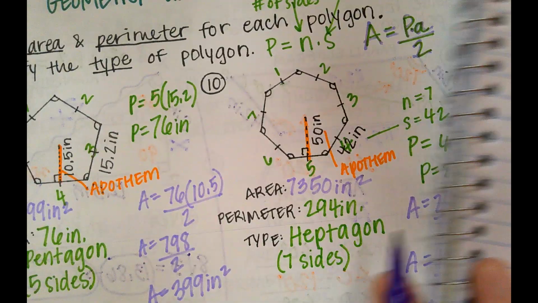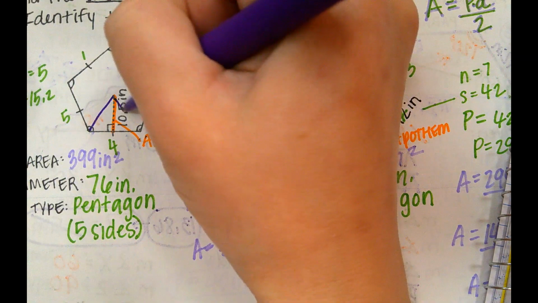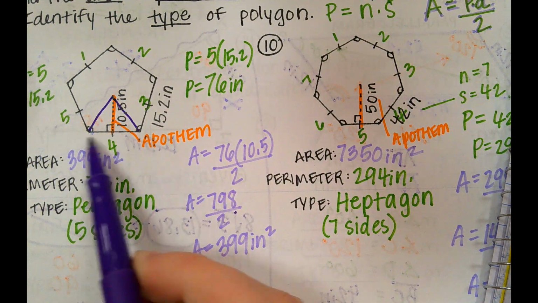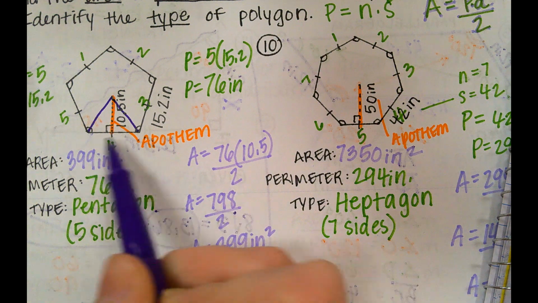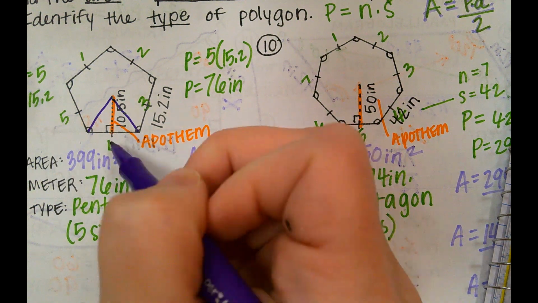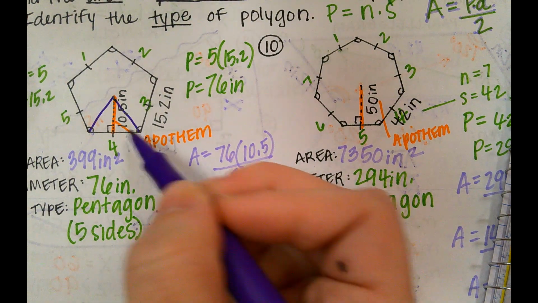So if I move back to this page, the area of this triangle would be my side length of 15.2 times 10.5 divided by 2.